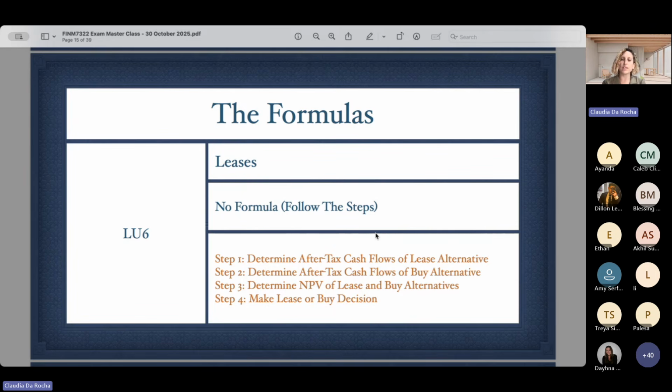Step 2 is to determine the after-tax cash flows of the buy alternative. Again, most of the cash flows will be outflows, so you will get a negative amount. So when we are working with leases and the decision-making process here, we're trying to understand which option will give me the lowest cost. Where am I spending less? Okay. Then your third step is to determine the net present value of your lease and buy alternatives.